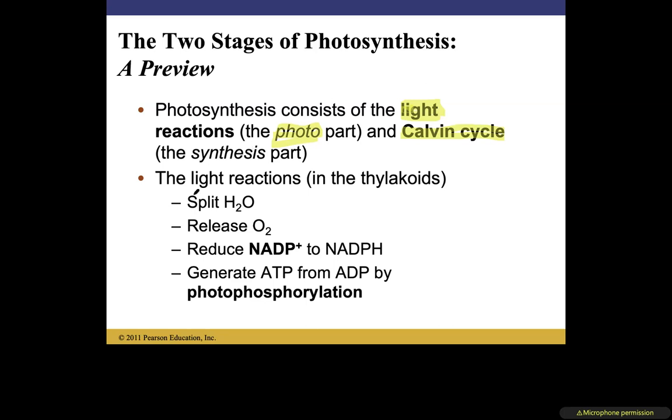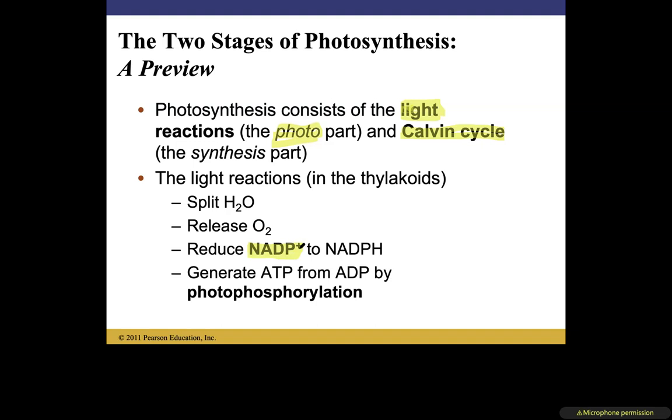Okay, so your light reactions in the thylakoids split water. They release O2. We kind of already saw that a little bit. They will reduce. What does reduce mean? It means this NADP plus. So it looks a little familiar. In your cellular respiration, you saw something called NADH. Well, this is a similar molecule, but it is not the same. So NADP plus means, man, he's got a positive charge. Wouldn't he love to have some electrons?